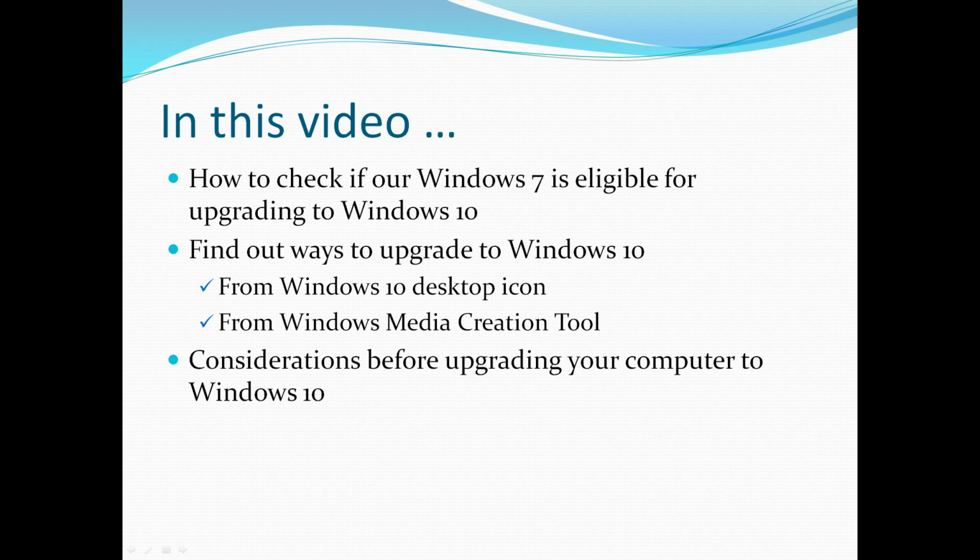If you don't see that icon in your tray notification area, in this video I'm going to use the Media Creation tool. I'm going to show you where you can download it and what the process is using that Media Creation tool. During the video I'm going to talk about a few considerations before upgrading your computer to Windows 10.